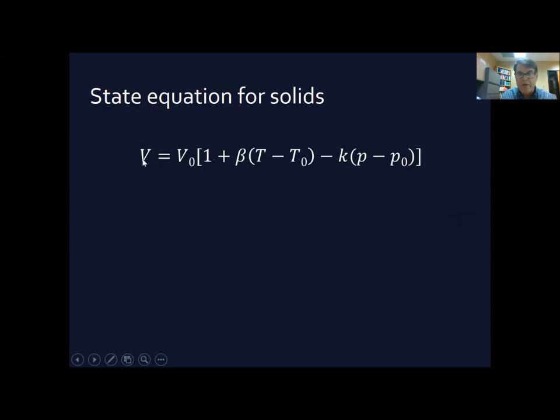So the volume of a particular solid is going to equal its initial volume. We're having a change of state because of changes in pressure or temperature, and so the resulting volume is going to equal the initial volume times this gobbledygook, 1 plus beta. This beta is the coefficient of volume expansion.